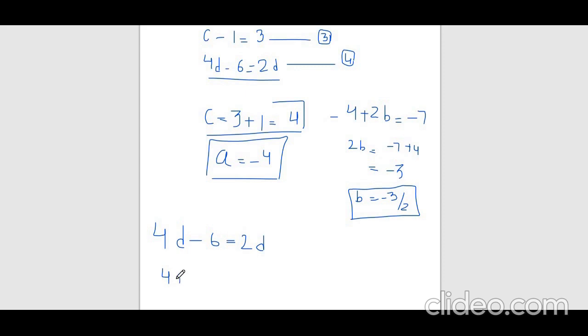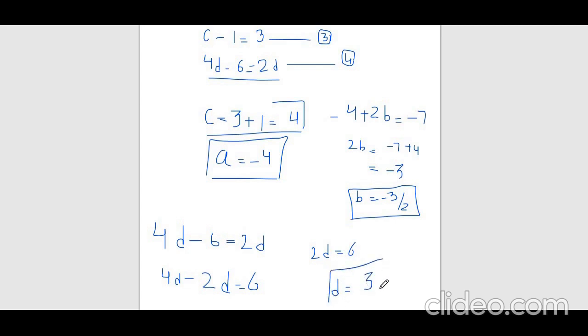Just add and subtract: 4D minus 2D equals 6. 4 minus 2 is 2, so 2D equals 6, and D equals 3.